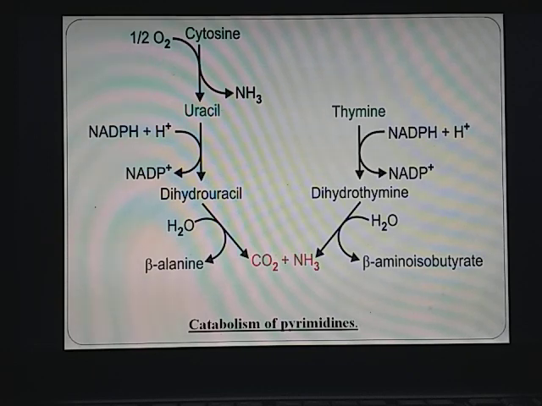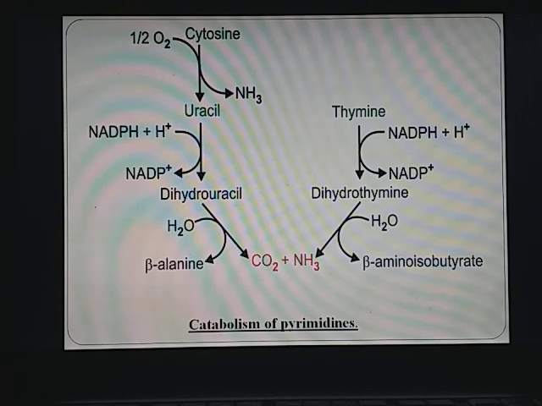Then catabolism of pyrimidine. Cytosine on deamination forms uracil, and uracil on reduction forms dihydrouracil. Dihydrouracil is oxidized to form beta-alanine, carbon dioxide and ammonia.